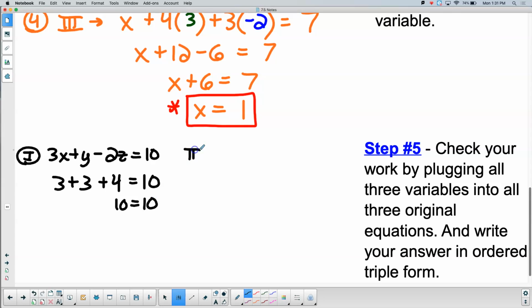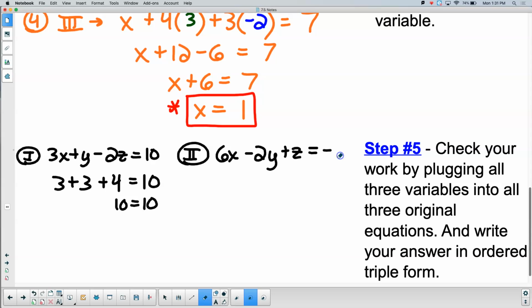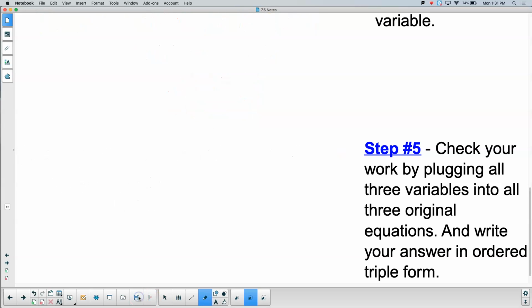Equation number 2 was 6x minus 2y plus z equaling negative 2. Oh, snap!